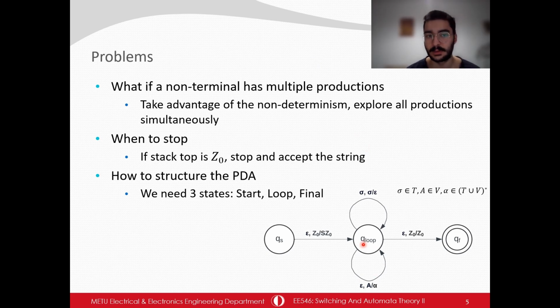But what we can do if we have multiple productions is we can have multiple transitions for the same non-terminal character, in which the non-deterministic automaton will take both transitions and explore all productions simultaneously for us.